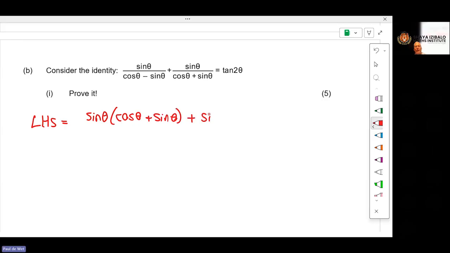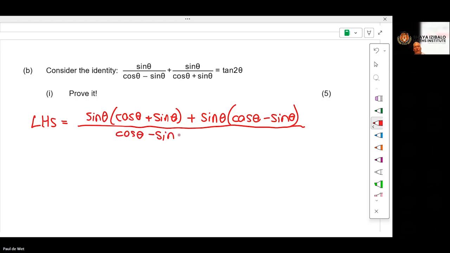Sin theta, yeah. Minus 10 theta. Cos theta minus plus 5.